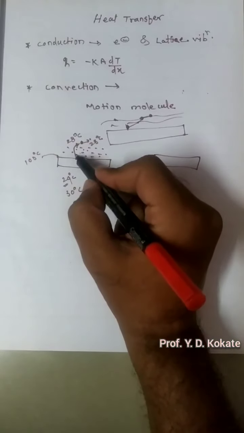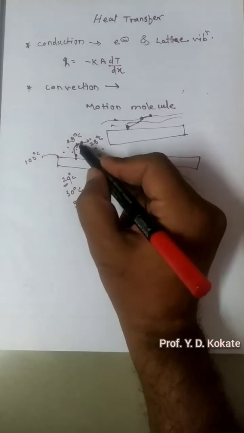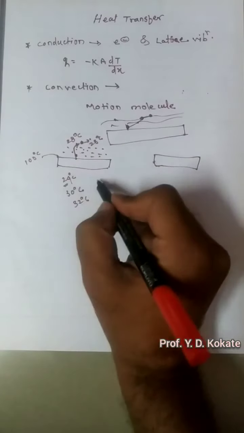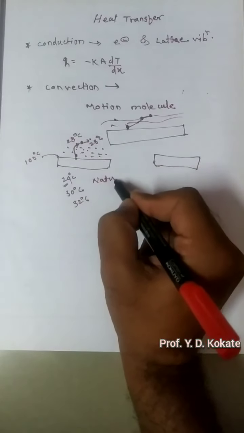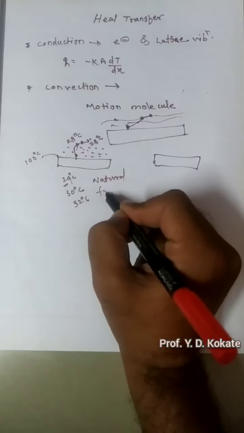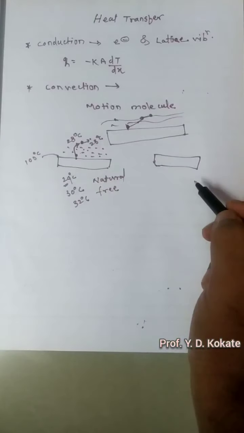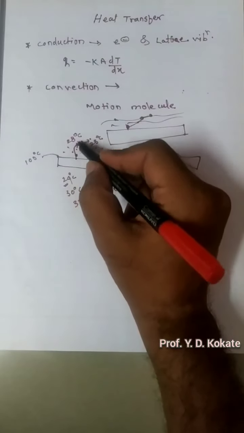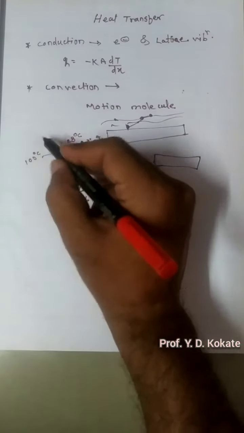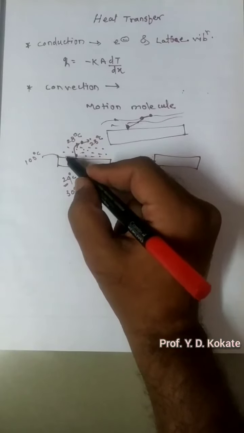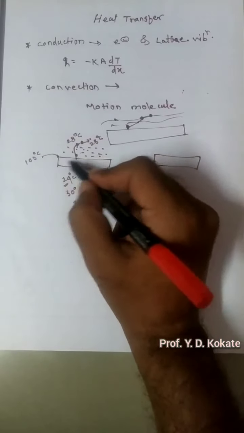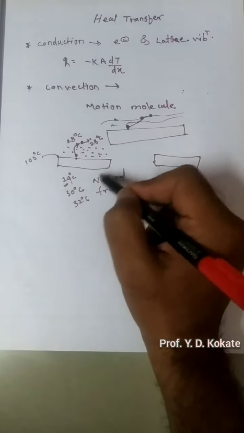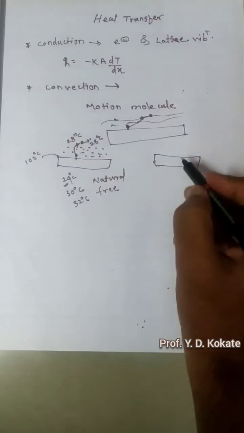And here this convection is due to the density difference, so it is called natural convection or free convection. Here the velocity of the molecule is not externally controlled, it is controlled by the surface, or by the heating source. That's why it is also called natural or free convection.